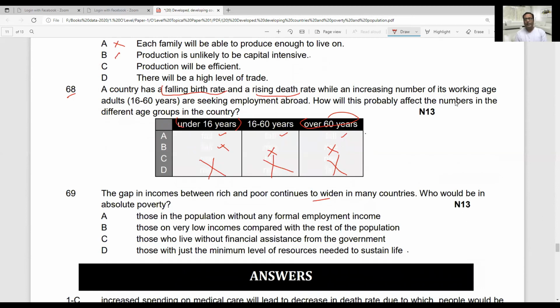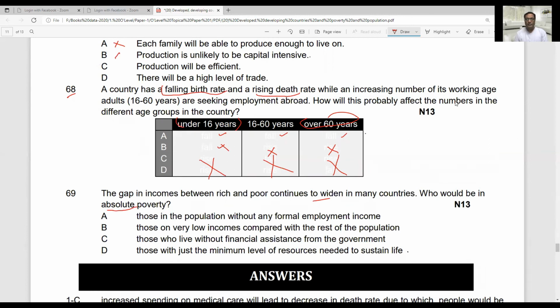Absolute poverty is when a person is unable to fulfill the basic necessities of life for survival. He cannot sustain himself basically. That kind of poverty is known as absolute poverty. And absolute poverty is when you have a lesser income and you cannot satisfy your basic needs.